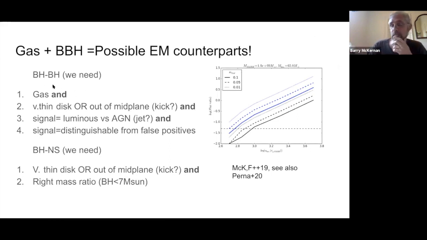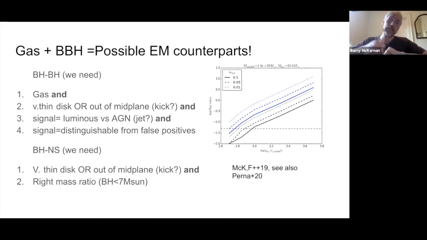So first thing we need is gas. Check. Got that free. If you want to see the signal, then you're going to need either a really thin disk so that you can kind of see down and see what's going on, or you'll need something like a kick that will take you out of the optically thick disk midplane and into a sort of thinner atmosphere.